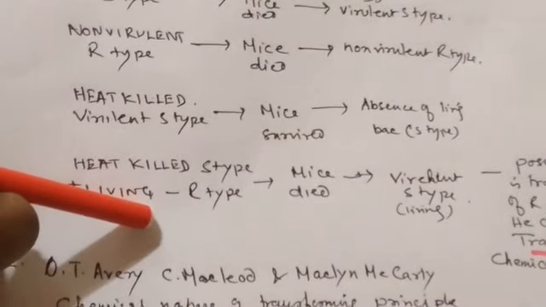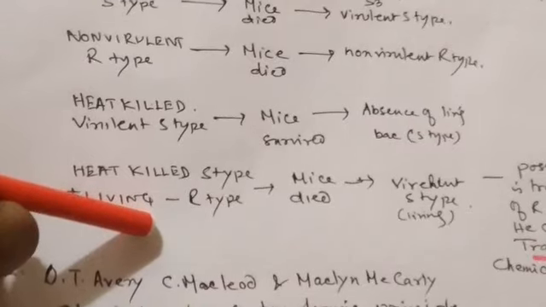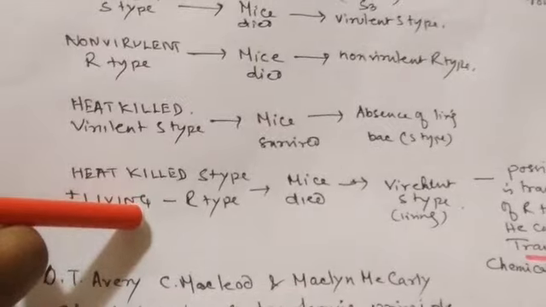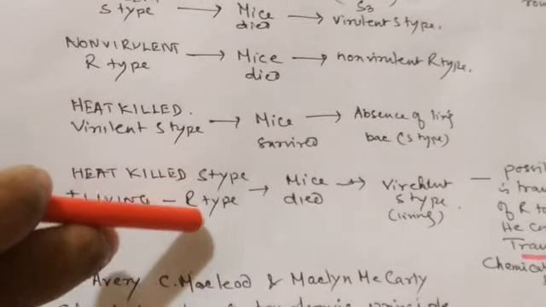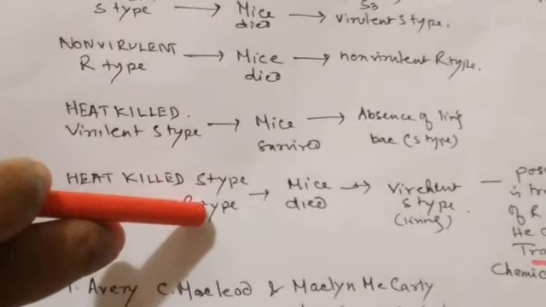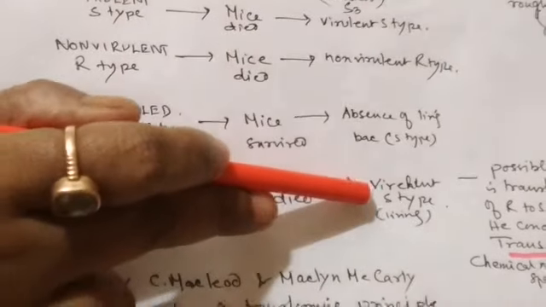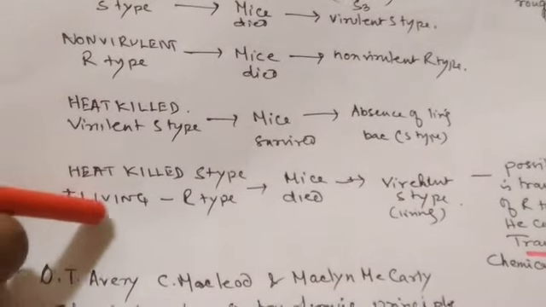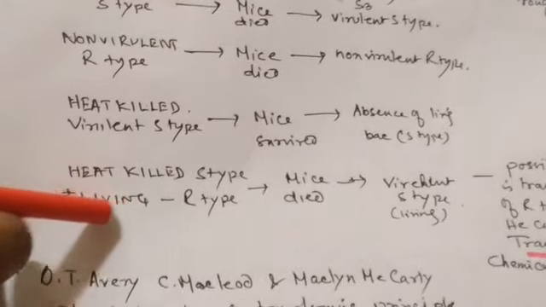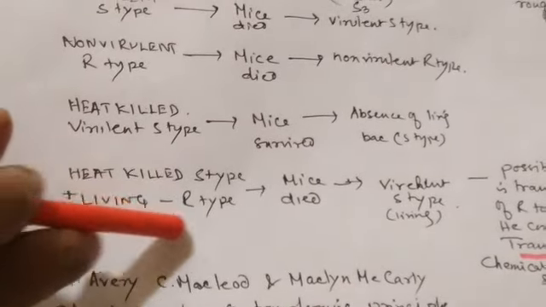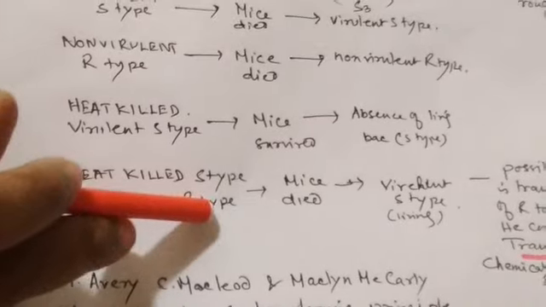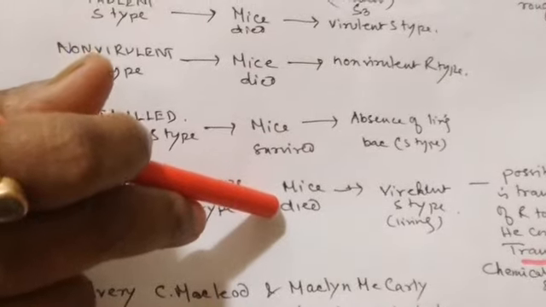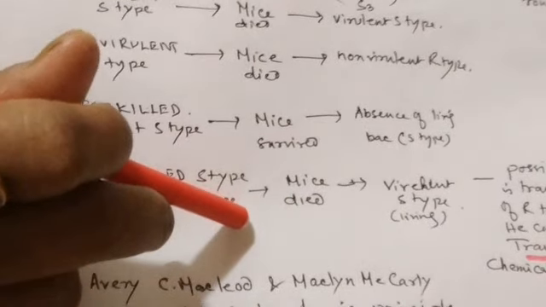He could not conclude what was actually going on, but he concluded that something is moving from the heat-killed smooth into the living R, transforming the R into smooth, which is virulent, and that is why the mice are dying.